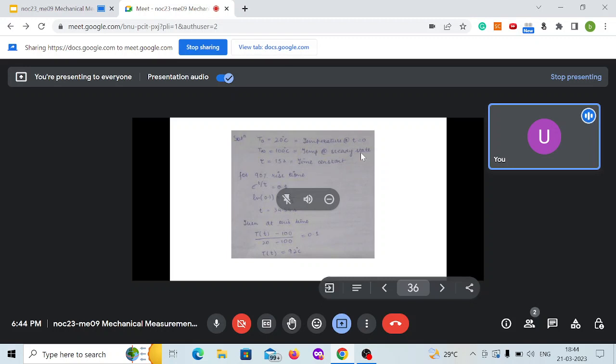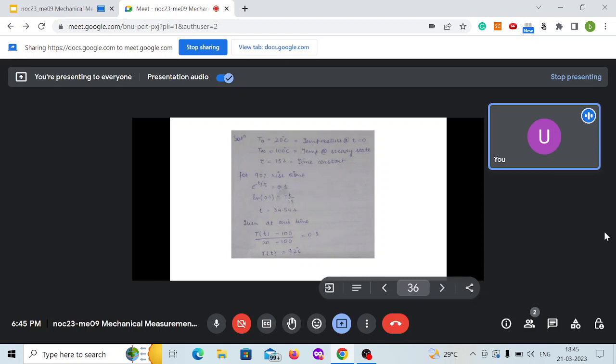When you leave the thermometer exposed to that environment of 100 degrees Celsius, it will reach 100 degrees Celsius. So T naught is at time t equals 0, and T infinity is at time t equals infinity. So 20 and 100 respectively, and your time constant tau is 15 seconds. So your time constant is given.